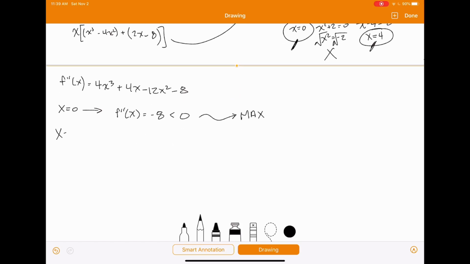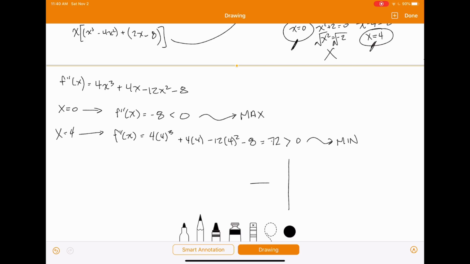We plug in x equals 4. We get f double prime of x equals 4 times 4 cubed plus 4 times 4 minus 12 times 4 squared minus 8. And when you plug all of that into a calculator, you get that equals 72, which is greater than 0. So we have a min at this point.